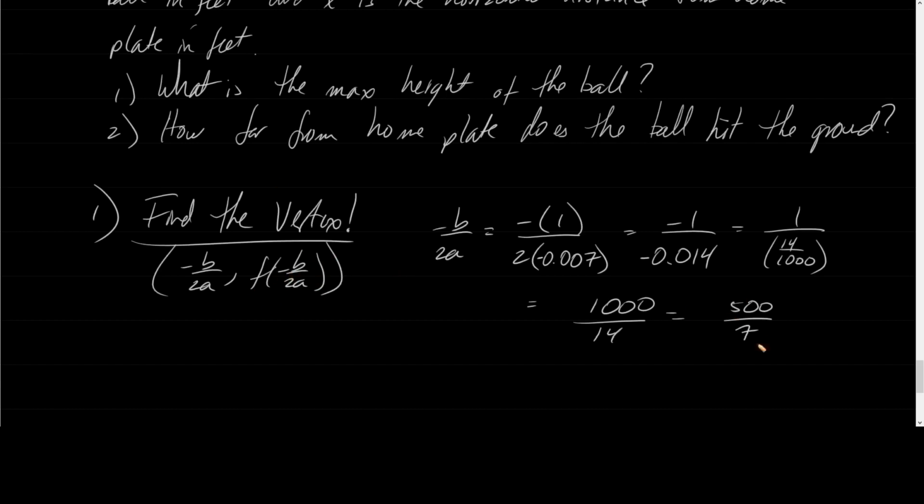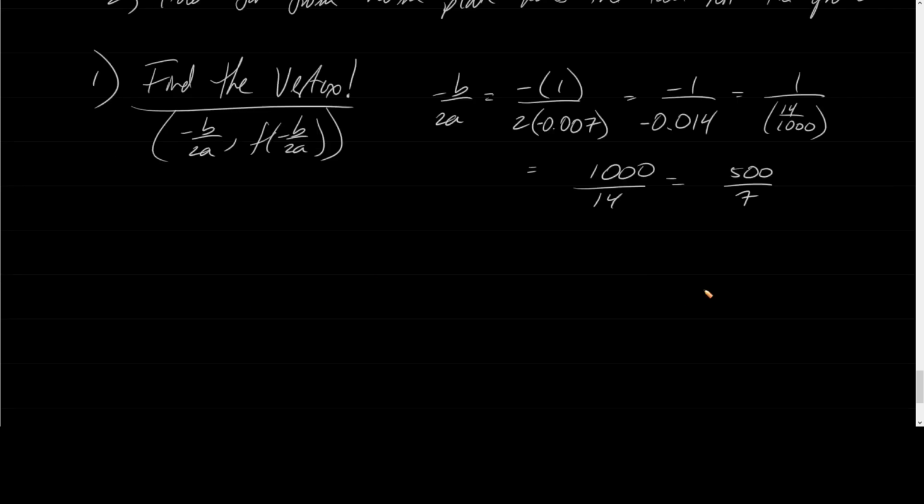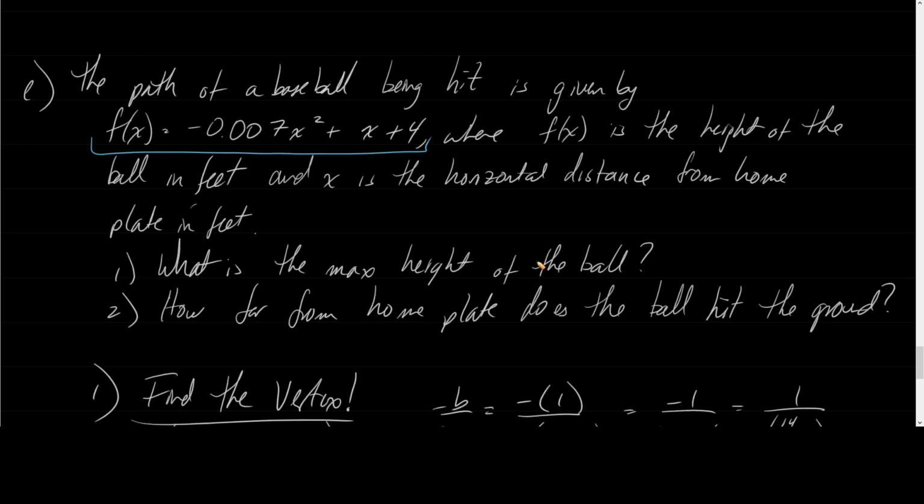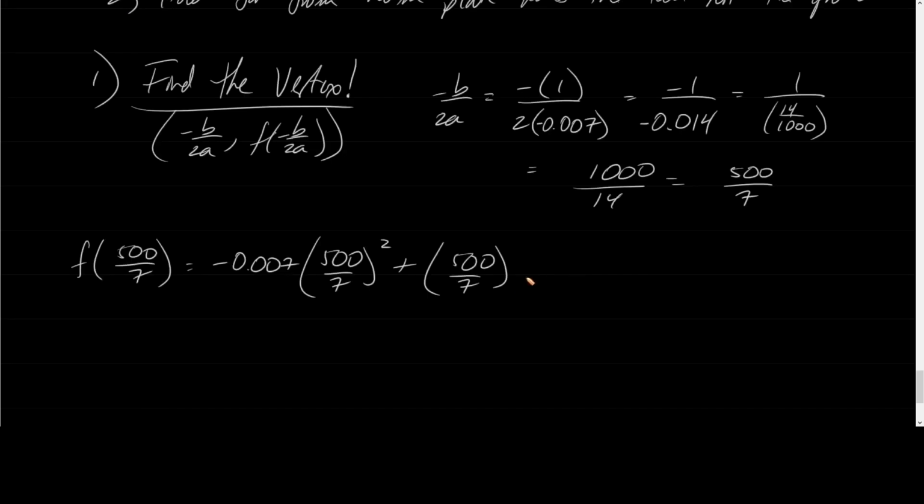So what we're going to do is figure out what f of 500 over 7 is. So we have f of 500 over 7, which would be, well, remember it was negative 0.007 times 500 over 7 squared plus 500 over 7. And what was the rest of this? Plus 4. Okay. All right.